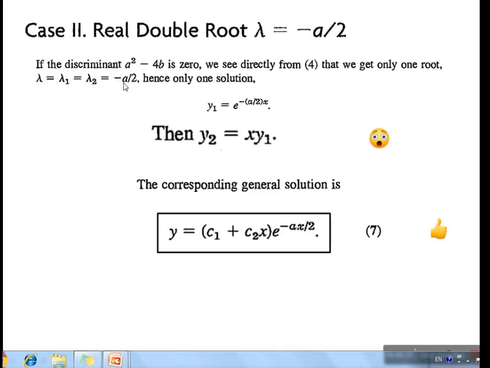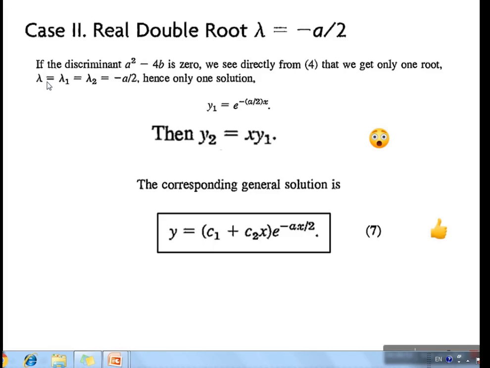Do not forget, a is the coefficient of y prime. In other words, I have just one lambda, and this lambda is equal to minus a over 2.